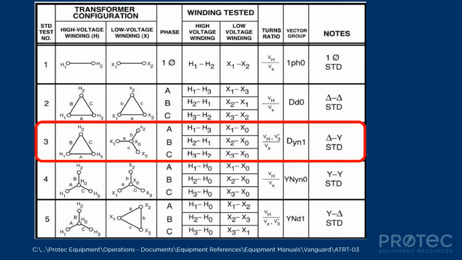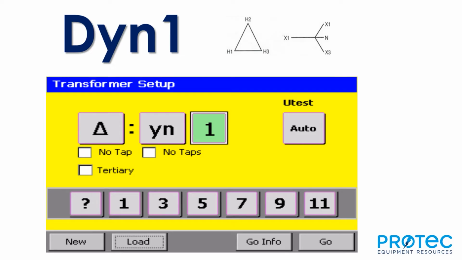Just have access to this table and you can pretty much figure out what the diagrams on your nameplate represent, how you might designate that in the test equipment if you need to in terms of a vector group, and then what kind of calculation you would make in order to compare to nameplate information or the actual test results. In the next slide, you see we put that ANSI designation up there, DYN1.